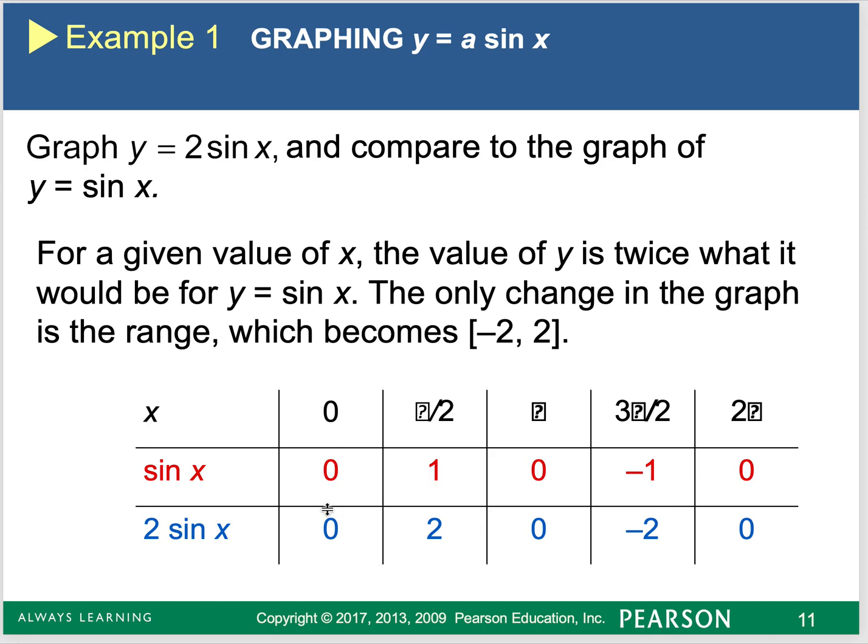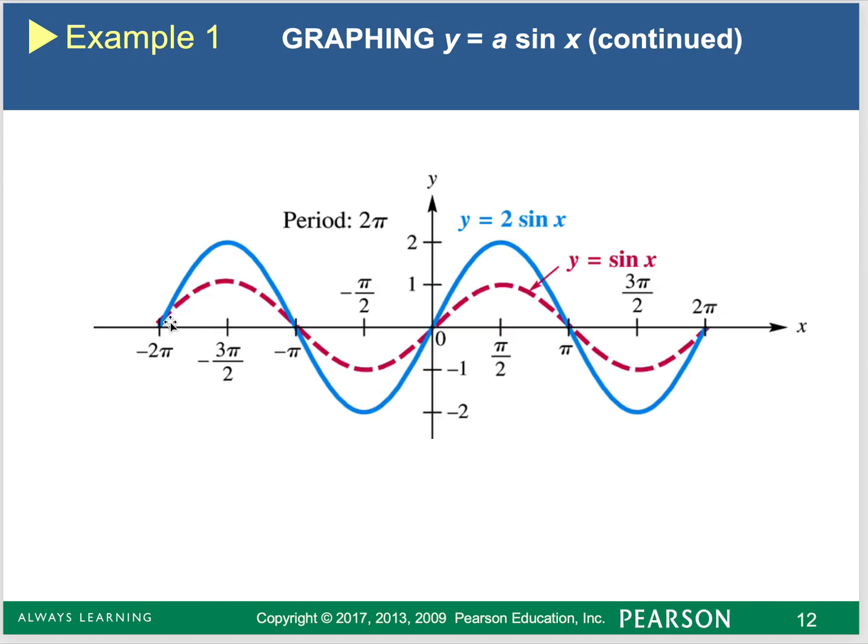Sine of 0 is 0, that's still true. The sine of pi over 2 is 1, but now it's 2. Where it was negative 1, now it's negative 2. So essentially, all you're doing is taking the standard graph of sine and moving the mountains and valleys down to negative 2 or up to positive 2.